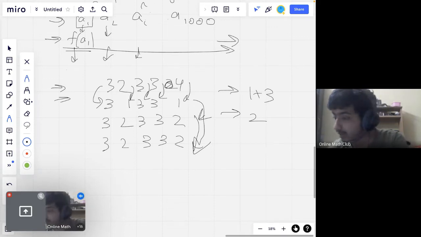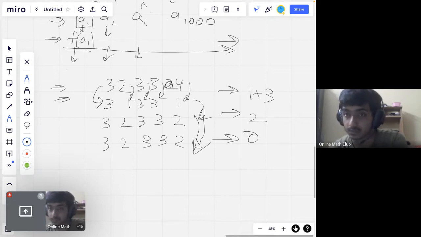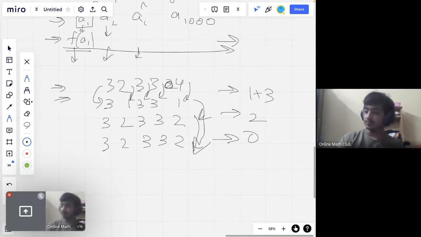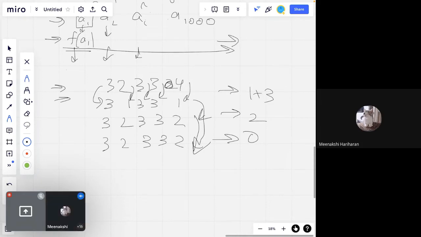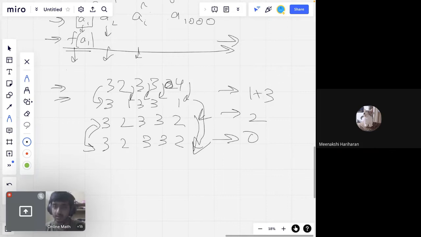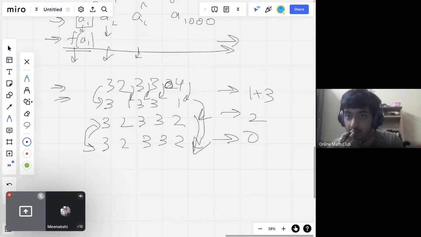Oh, wait, it is 0 here and it's 4 here. Am I saying something wrong, or is that what you're saying? Wait, absolute value of the difference of what? I'm not sure either. I think he's saying the absolute value of the difference between the sums of the two things. That's what I'm taking from his message.